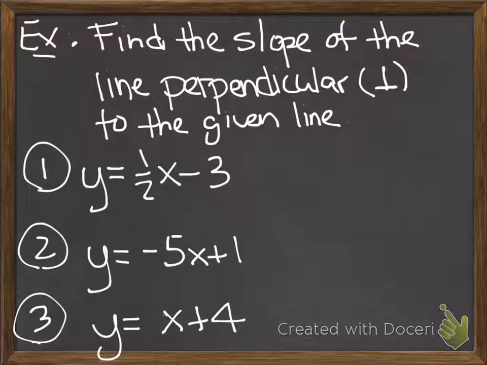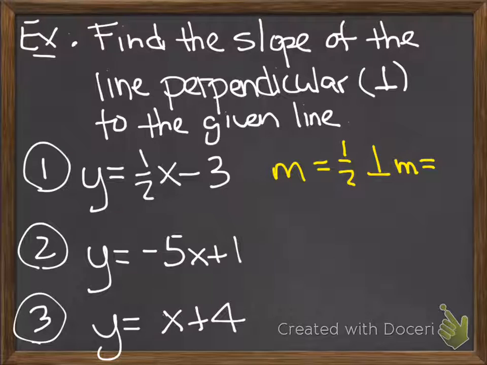Take a look at our examples. Just like we did with parallels, I want you to find the slope of the line that's perpendicular to the given line. Again, this is good practice from our slope-intercept problems. Ladies and gentlemen, what's the slope of y equals 1/2 x minus 3? 1/2.